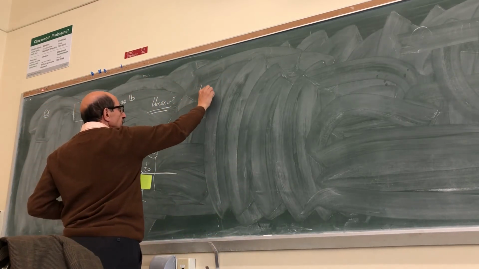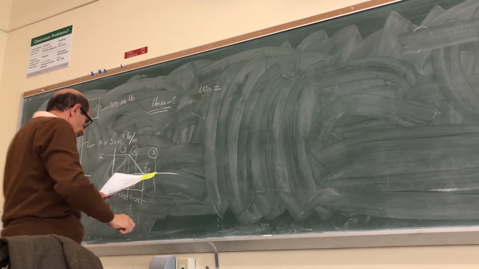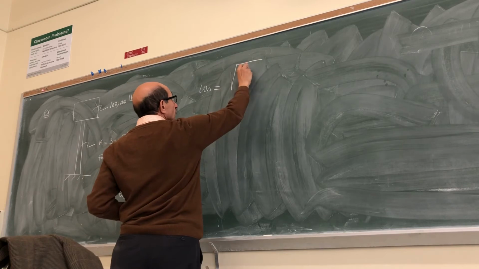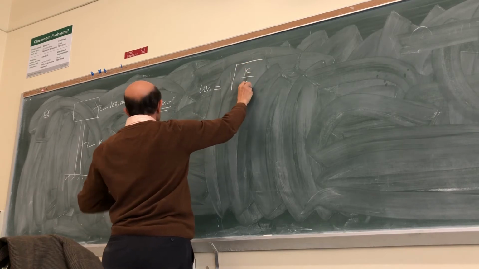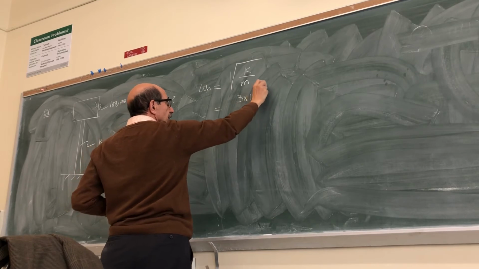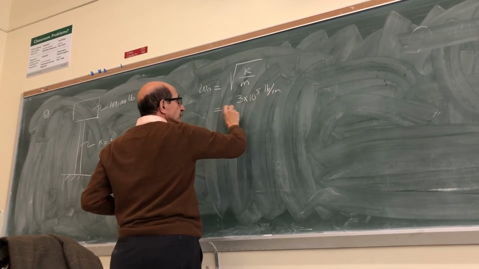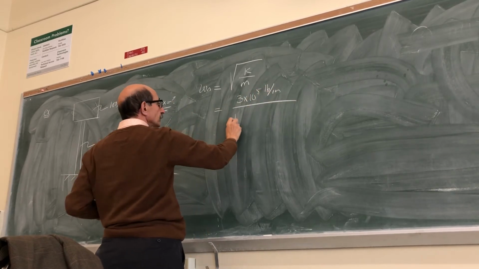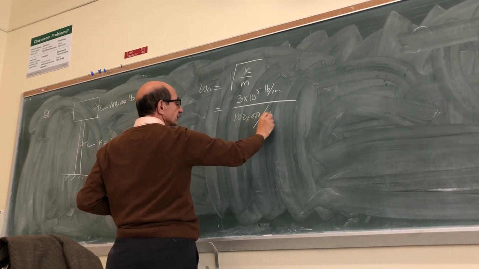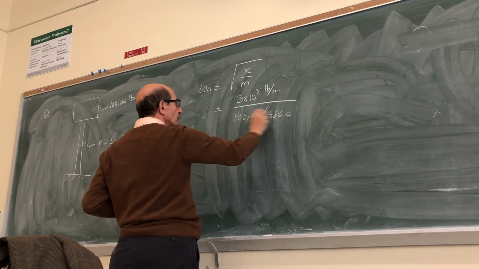We need to find the natural frequency, which is the square root of K over M. The weight is given. K is pound per inch divided by the weight, or pound force, divided by 386.4.